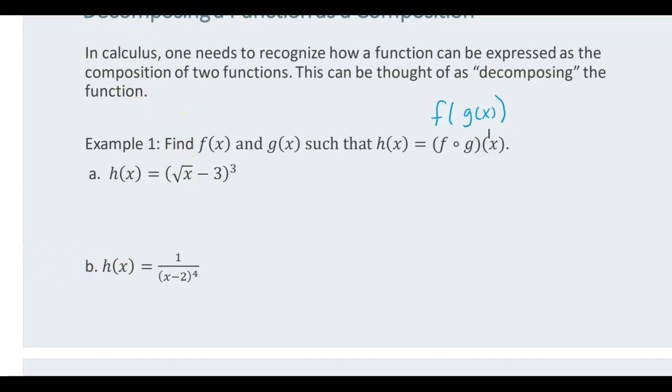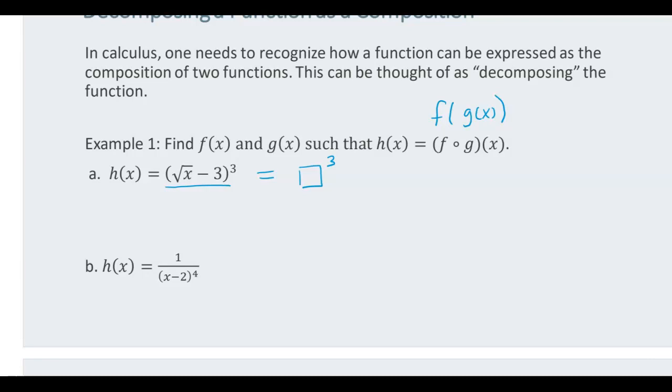So in this first example, it looks like I have the structure of something, what's inside parentheses, being raised to the third power, right? So I could say, well, this looks like something raised to the third power. So that something that's on the outside is going to be f.